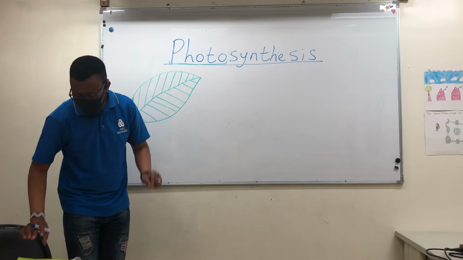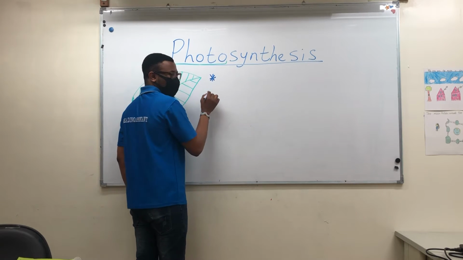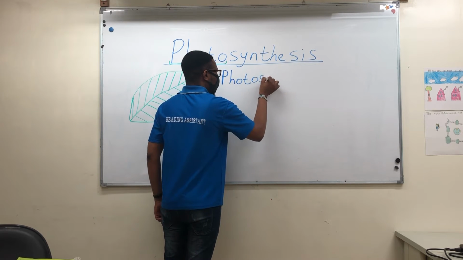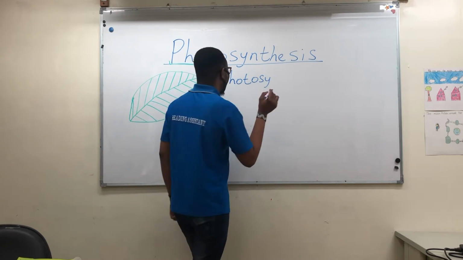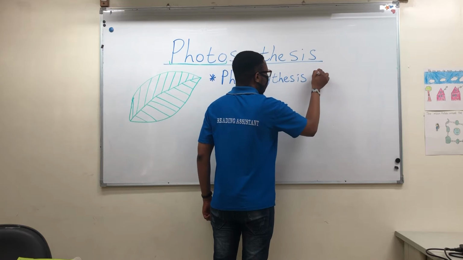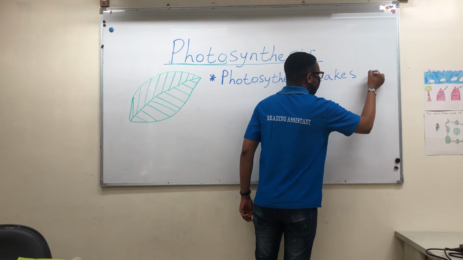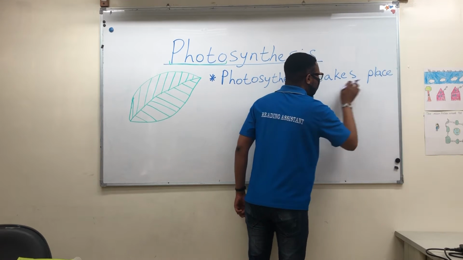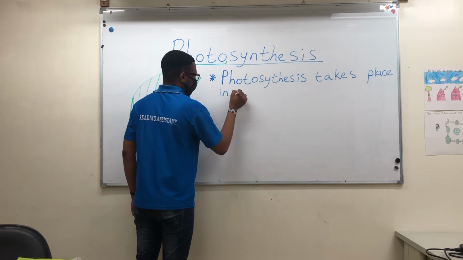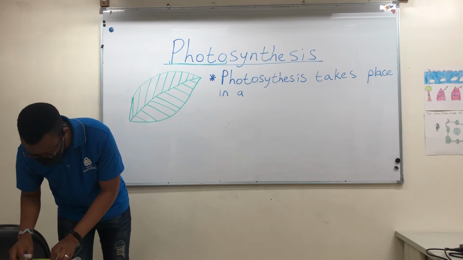We say that photosynthesis takes place where? Where does photosynthesis take place? Photosynthesis, the process where plants make their own food, takes place. It happens in a, let me use a different pen.